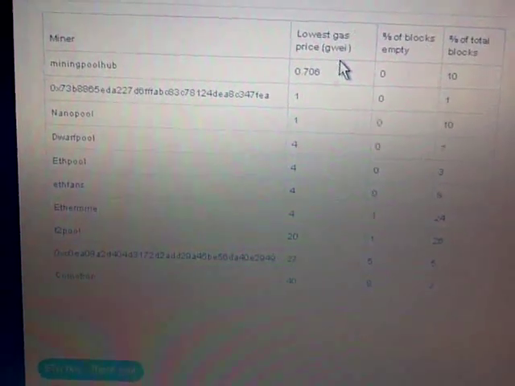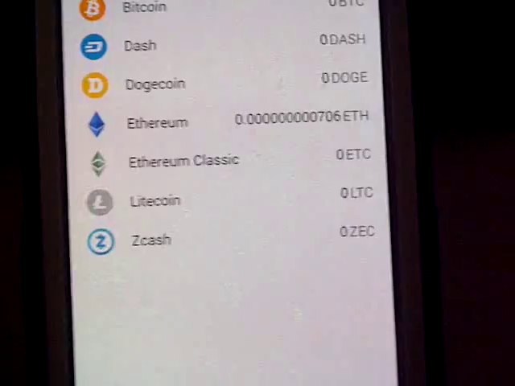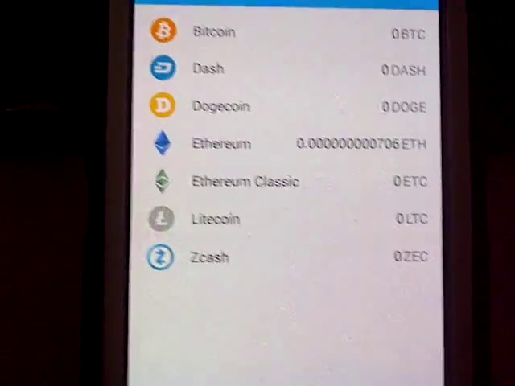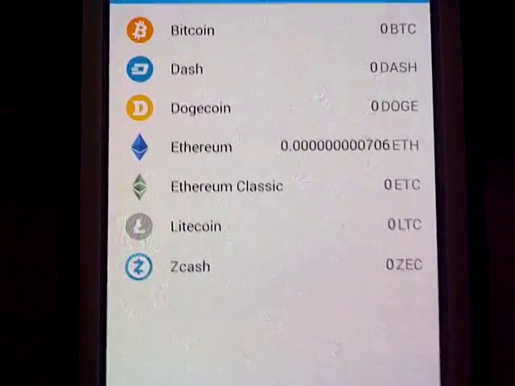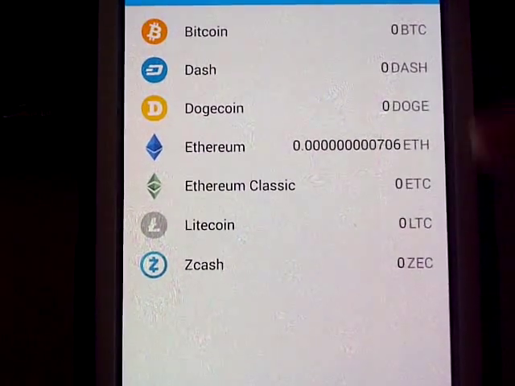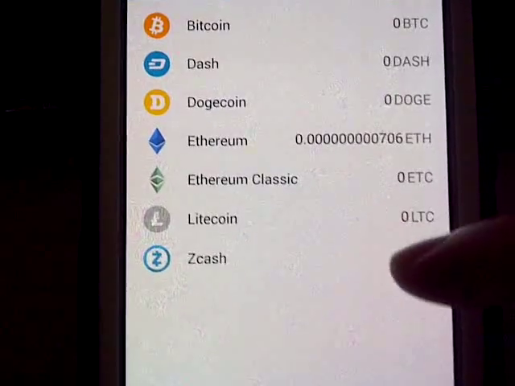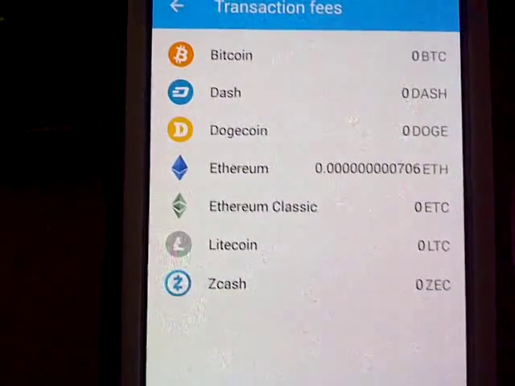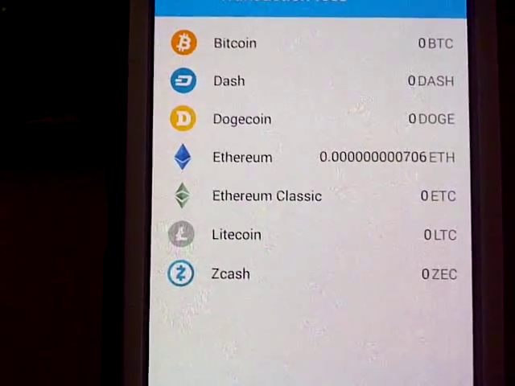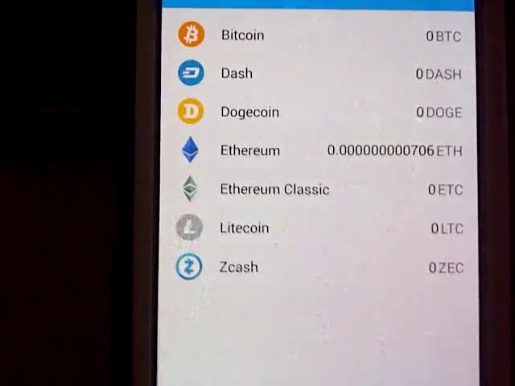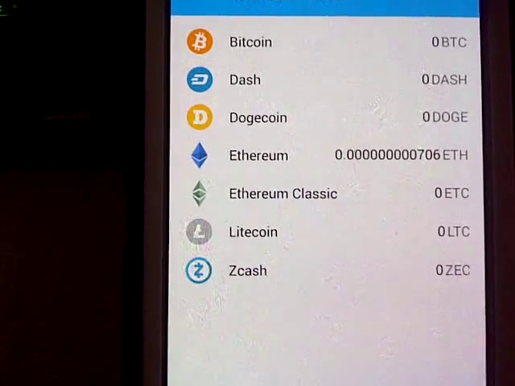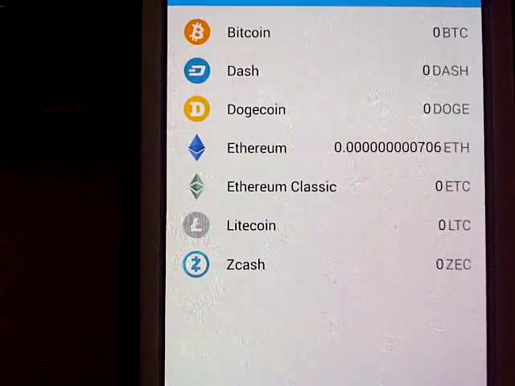This concept of gas and gas value. If you're trying to calculate your transaction fee, unlike Bitcoin, Litecoin, Zcash and all these other coins, you just tell them how much Bitcoin per kilobyte, or per X amount of kilobytes, you want to put in for your transaction fee.